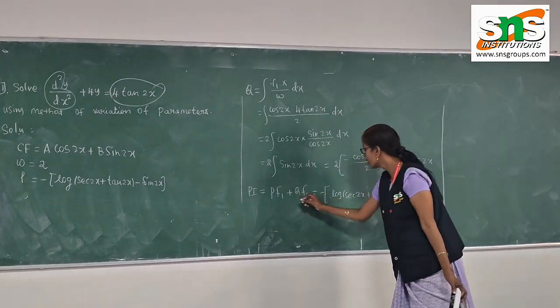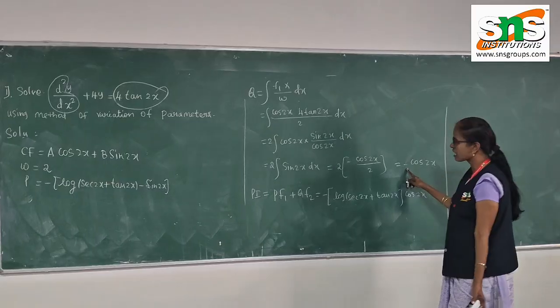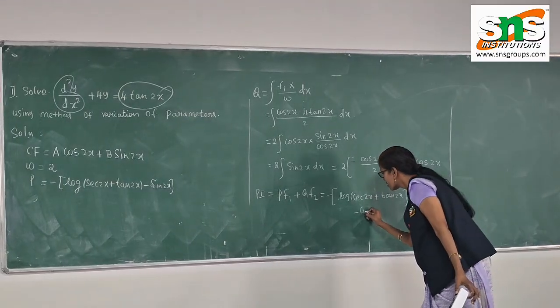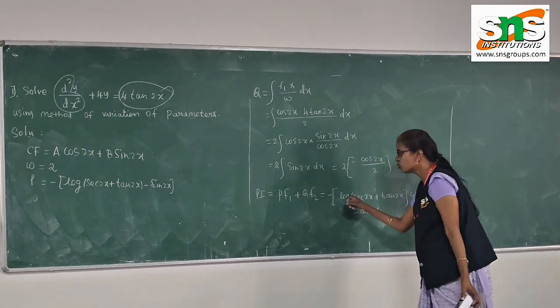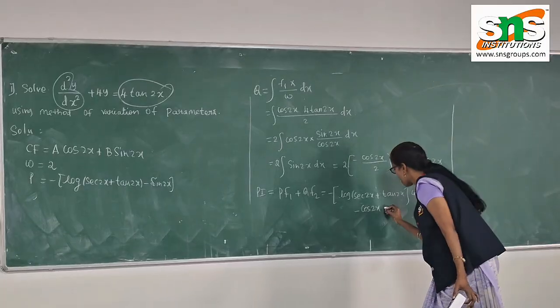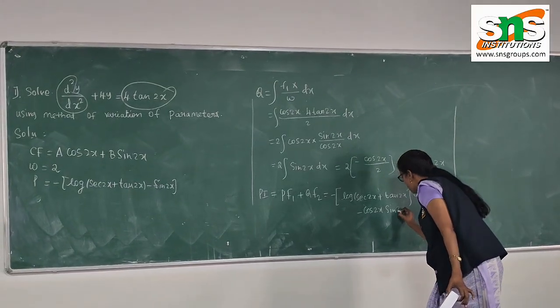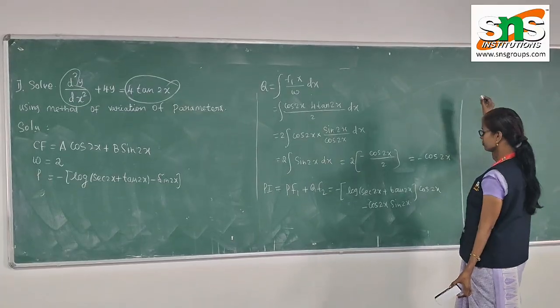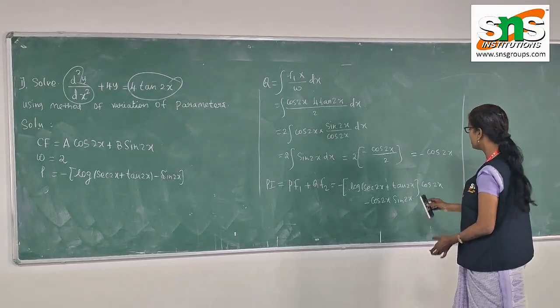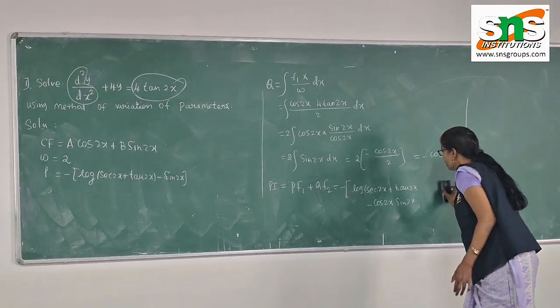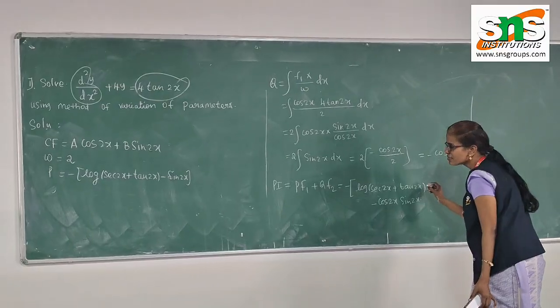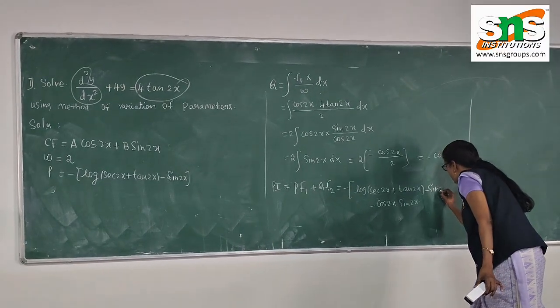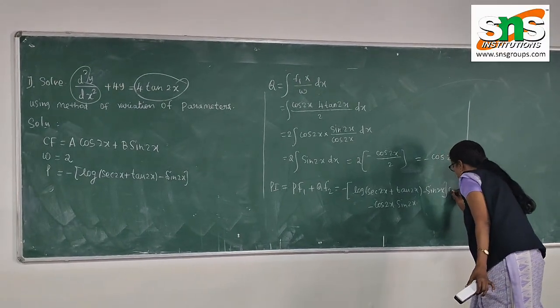Then plus the Q answer, which is minus cos 2x, into f2, which is sin 2x. Now check whether any term will be cancelled. Actually we left one term here, so that is minus sin 2x into cos 2x.